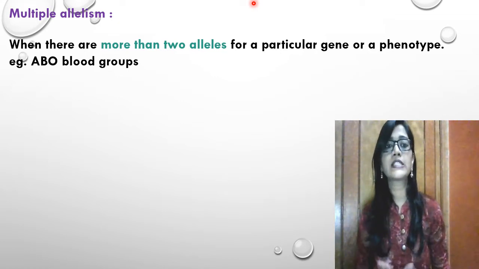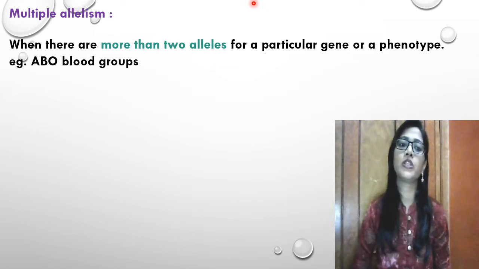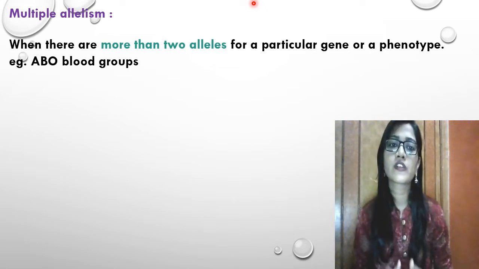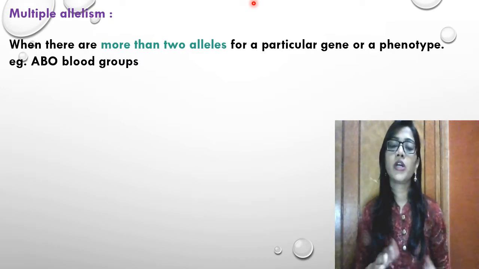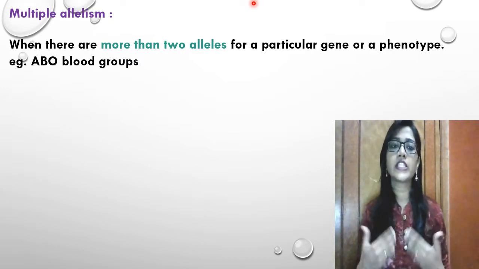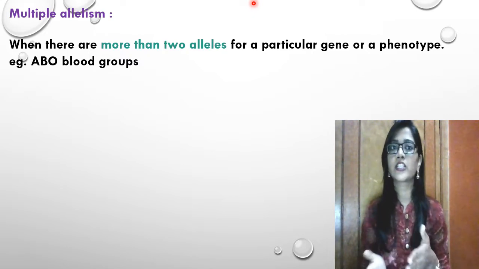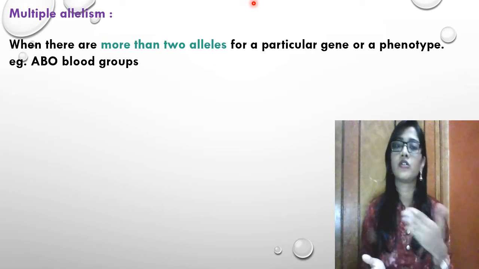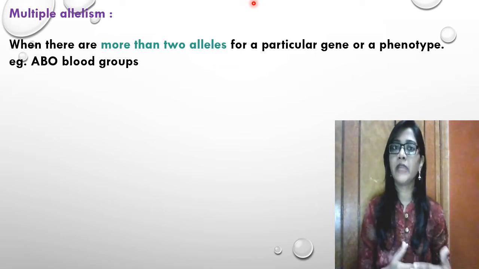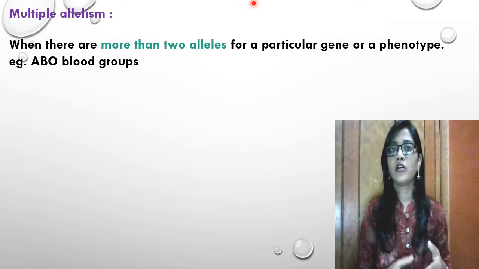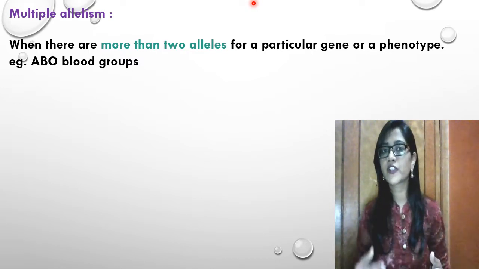Different alleles in a series may show dominant and recessive relation, or may show co-dominance, or incomplete dominance among themselves. The alleles can get expressed as a dominant allele or a recessive allele. You have studied this in Mendel's inheritance: in the law of dominance, the dominant allele gets expressed while the recessive allele doesn't.